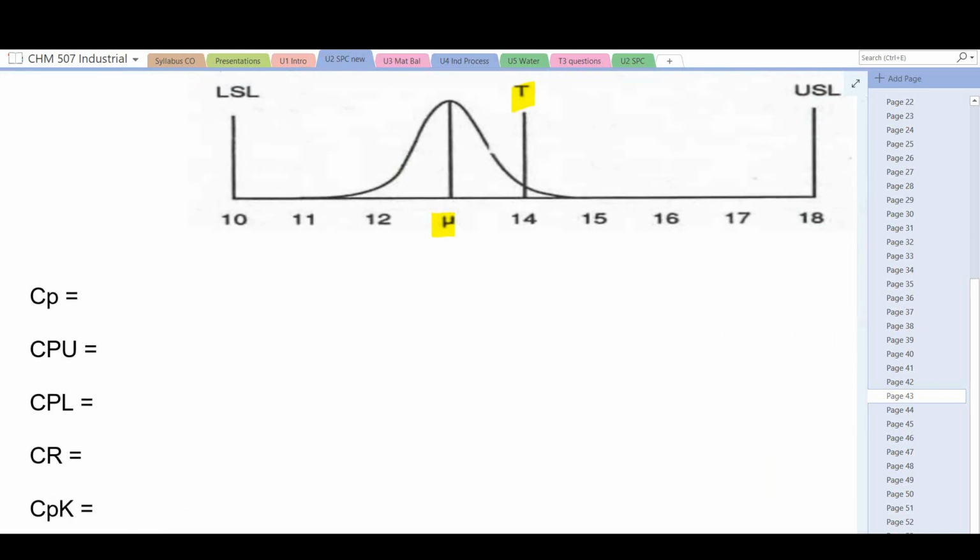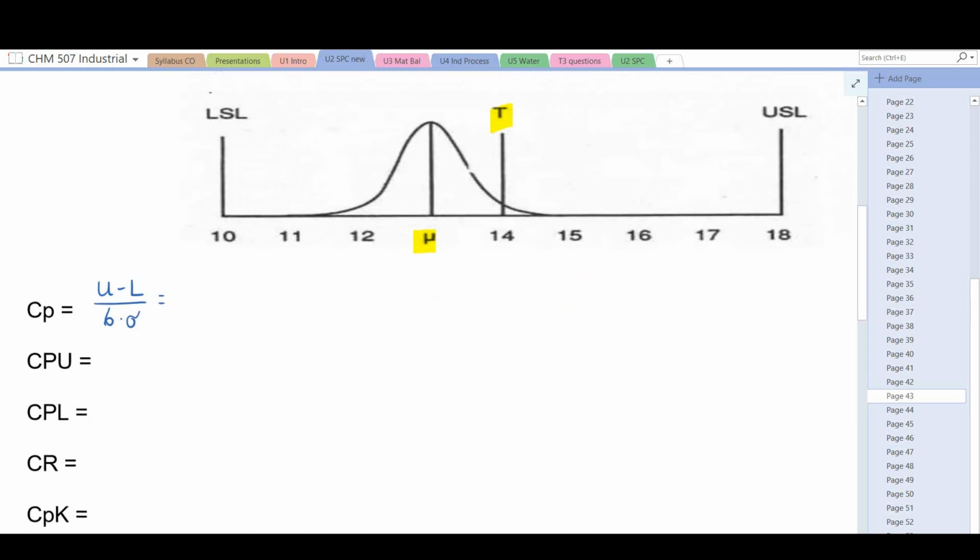Cp is equal to the upper specification limit minus the lower specification divided by 6 sigma. Okay, so that's upper spec minus lower spec, this whole distance here from 18 down to 10, divided by 6 sigma.